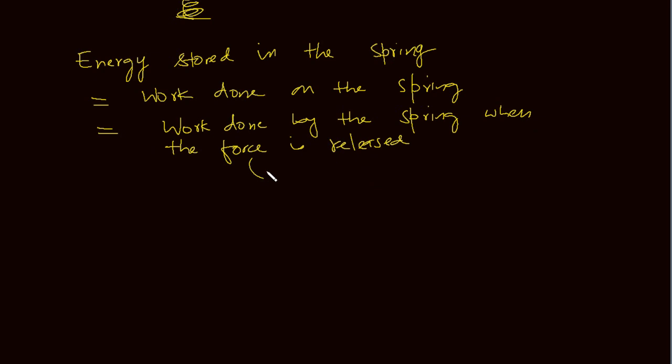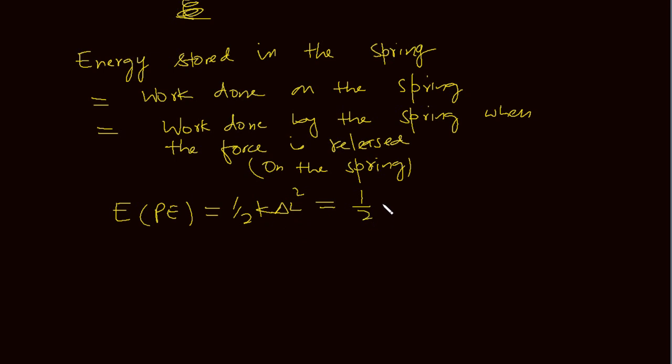I should say force on the spring is released. So energy stored in the spring is potential energy, equal to work done on the spring, which is half K delta L square, where K is the spring constant, which is equal to work done by the spring when the force is released.